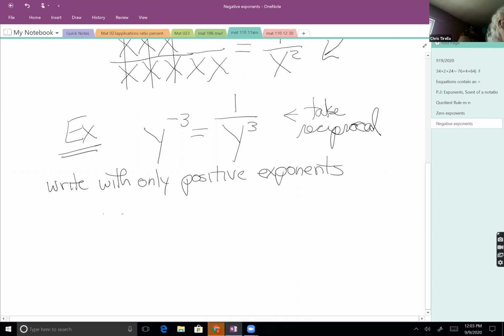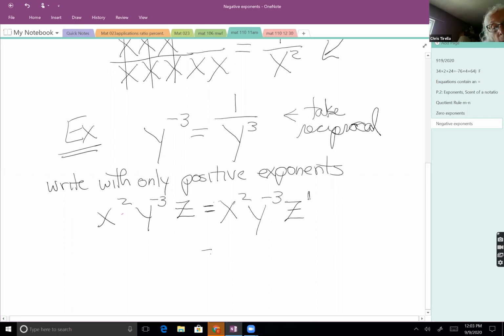And so I might have something like x squared, y to the negative third, z. I'm going to go through this one kind of slowly. That's x squared, y to the negative third. And because there's no exponent written on that z, is everybody all right? It's positive 1.